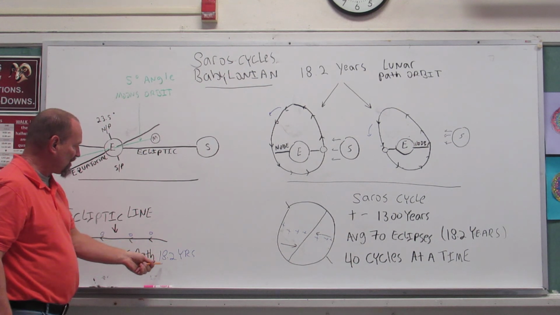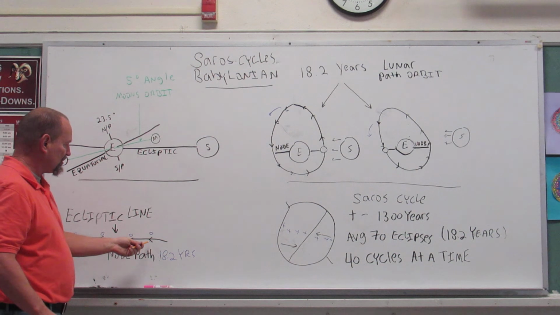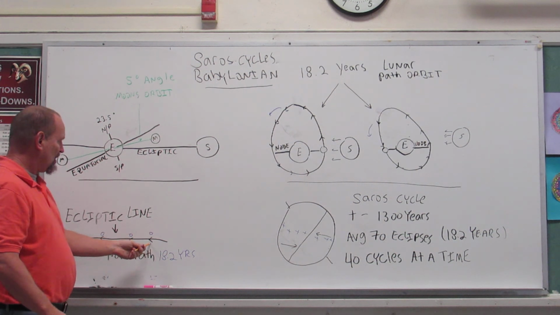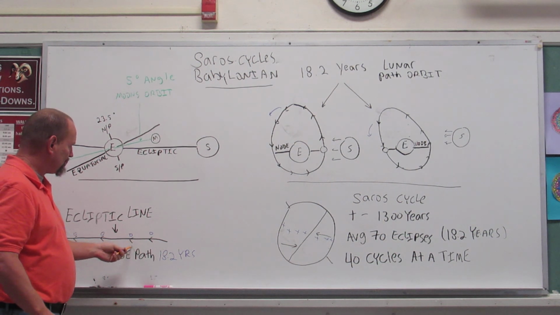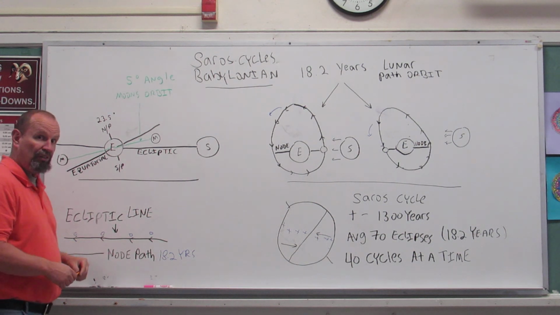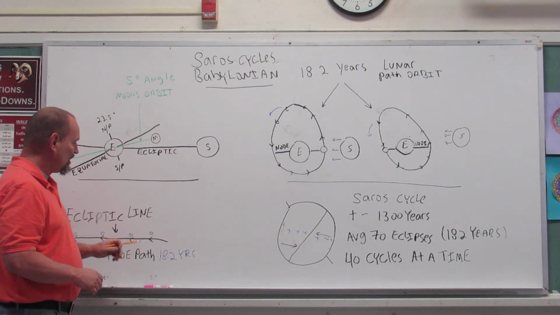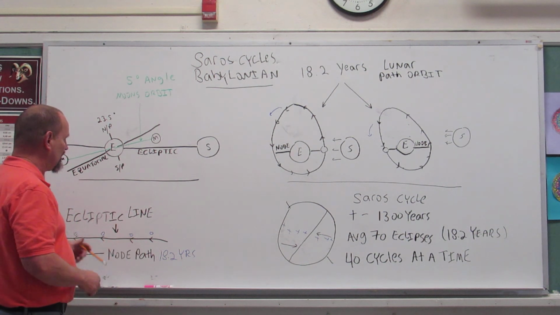They'll move every 18.2 years, and so the nodal path goes this way. So here you got one point right here, 18.2 years later, another point here, another point here, another point here. So roughly, you'll have an eclipse at the same nodal point every 18.2 years.